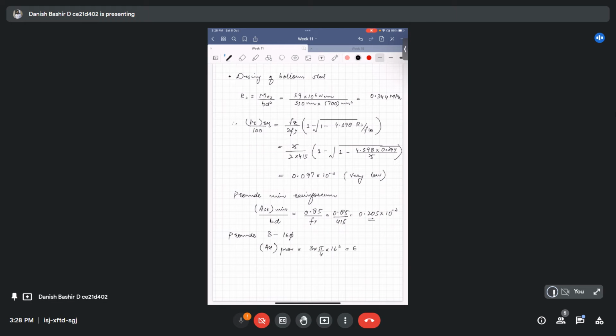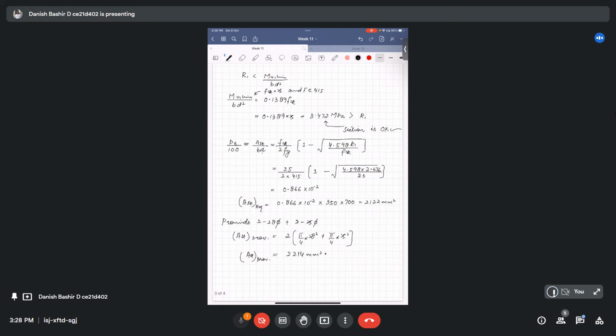This comes out to be 603 mm square, the bottom steel. And what was our top steel? Our top steel was provided as 2214 mm square.